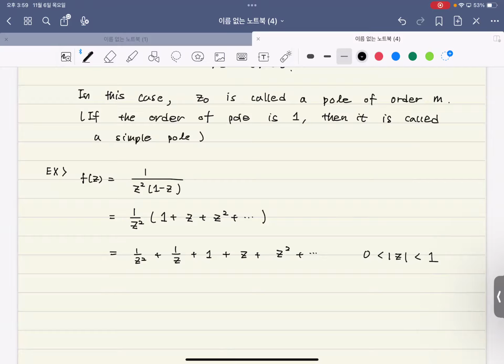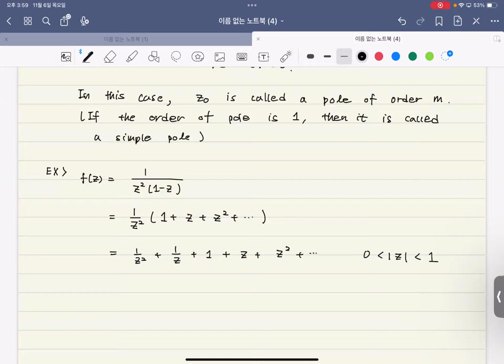What about 1? Even though this is officially not in my lecture notes, we actually have two singularities. z equals 0 turned out to be a pole of order 2.